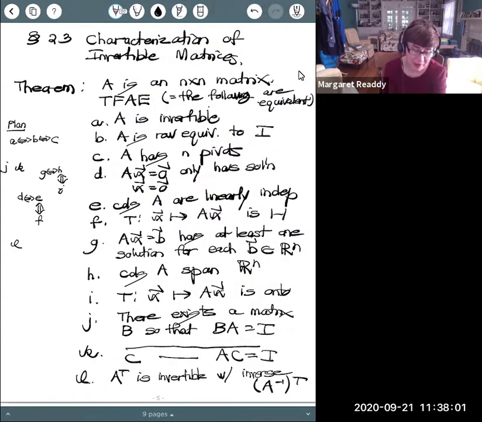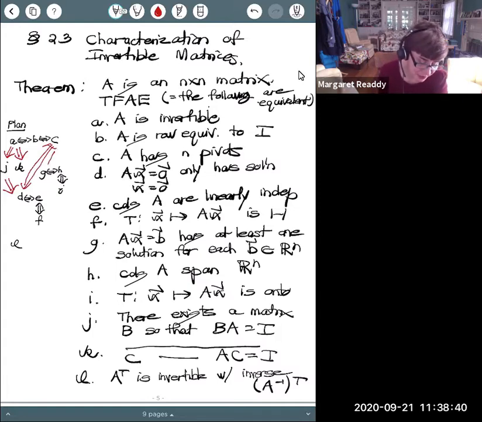What I'm going to next prove is that A implies J. Then after that, we're going to show A implies K. And then we'll show J implies D. And then we're going to show C and D are the same, and C and G are the same, because we've got to connect everything up.